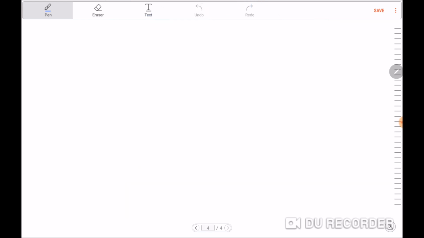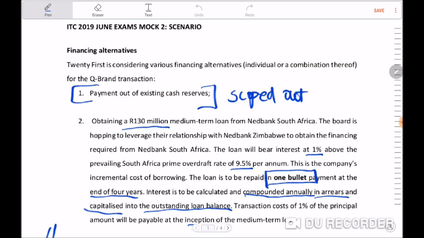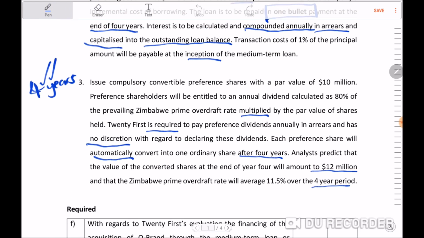Now let's move on to the cost of the preference shares. If we go back to our scenario, it appears the preference shares have characteristics similar to debt financing, where we have our par value, which is my present value. I can calculate an annual dividend, which results in my PMT.